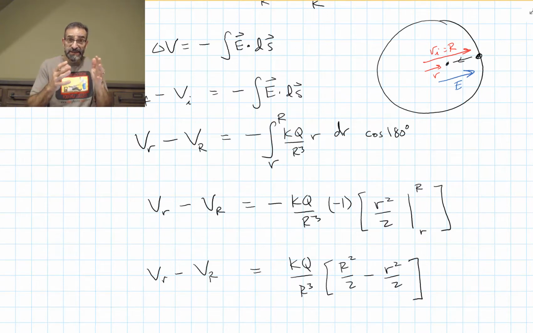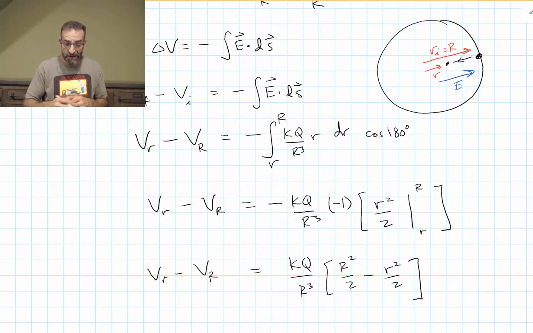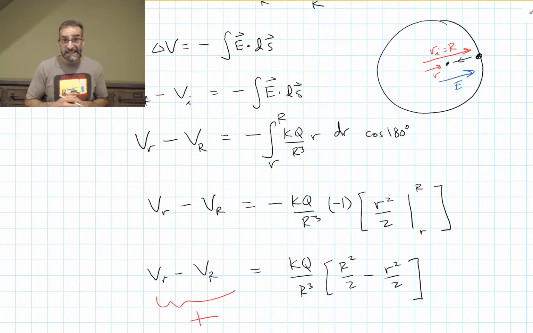So any point inside of the sphere has to have a higher potential than the potential at the surface of the sphere, because we're going against the electric field as we move in towards the center of the sphere. This must be positive. V at any r inside of our sphere has to be greater than V at the surface because the electric field points from the center to the surface.